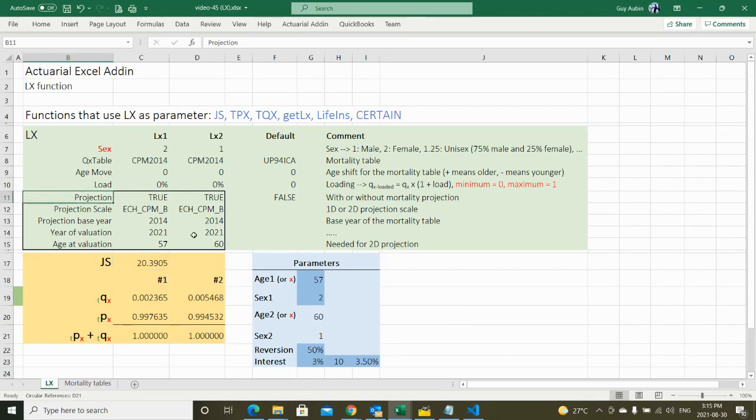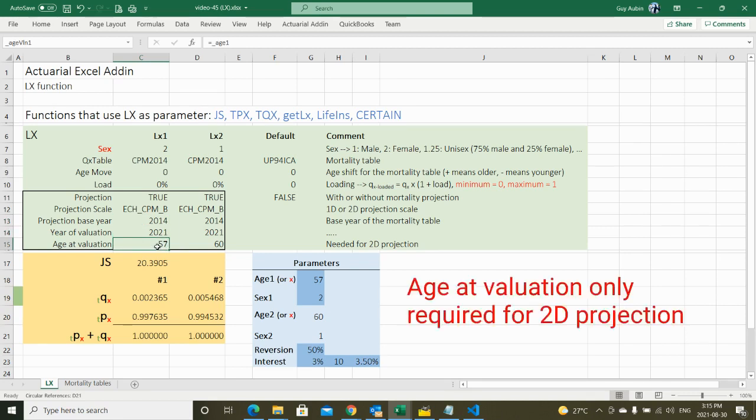Next in the box are the parameters for the projection of mortality rates. By default, there's no projection, so the default value of the projection parameter is false. If I want a projection, I put the parameter to true, and then I have to indicate what is the projection scale I'm using, what is the projection base year for the mortality table, what is the year of the valuation, what is the age at valuation of the person I'm looking at.